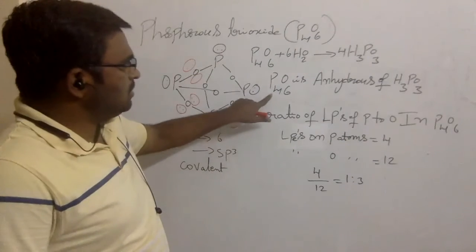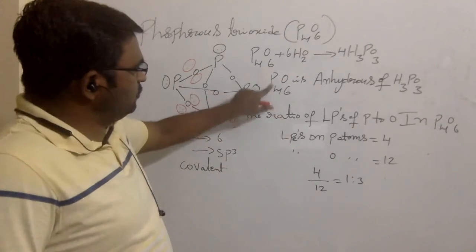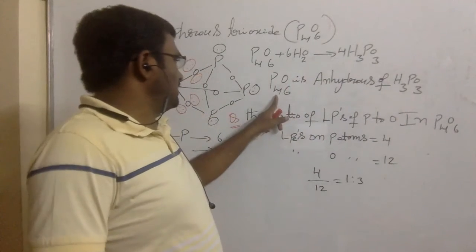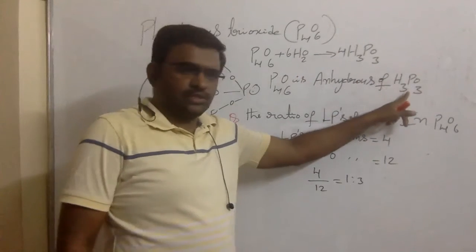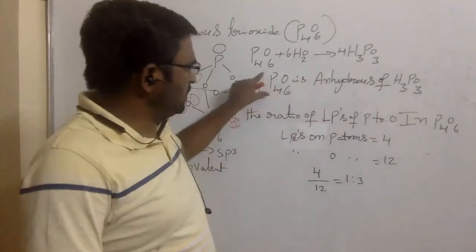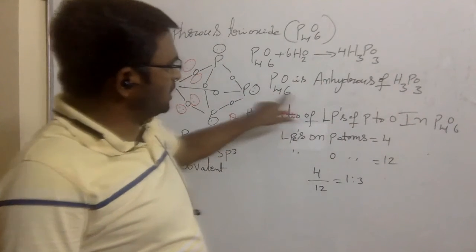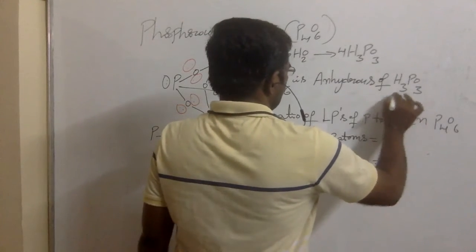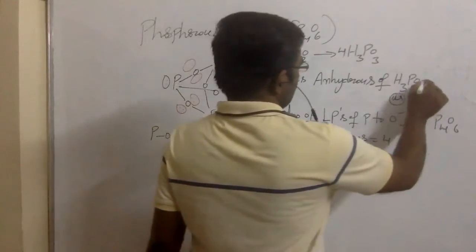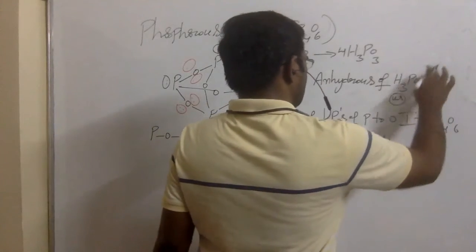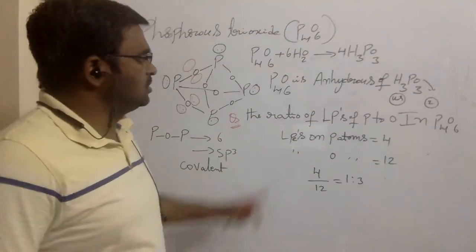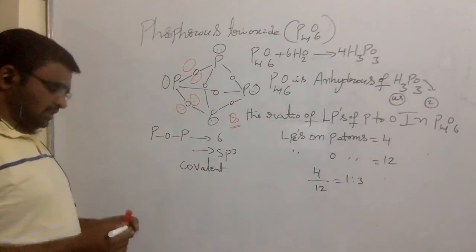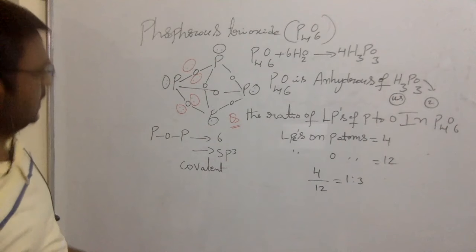More important, students: the oxide which on hydration gives a particular acid is known as the anhydride of that acid. Remember it. The P4O6 phosphorus trioxide is the anhydride of phosphorous acid. The basicity of this is 2; about the basicity, I will explain in the next class. It gives only one type of acid, that is phosphorous acid.